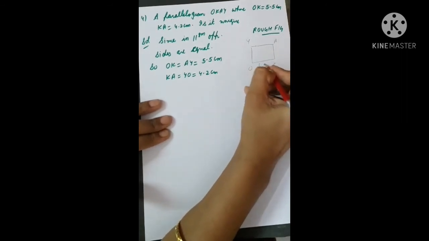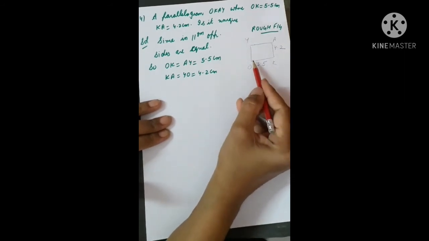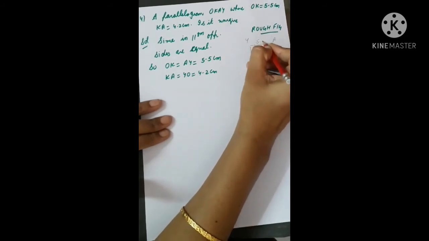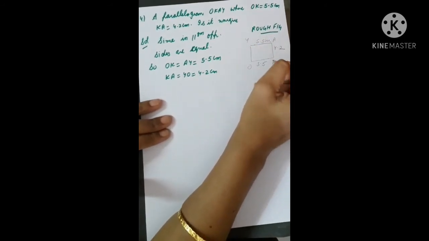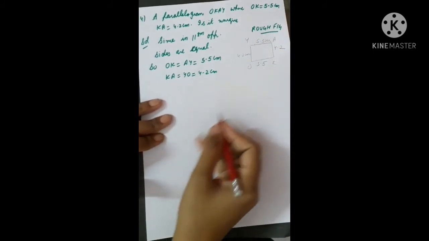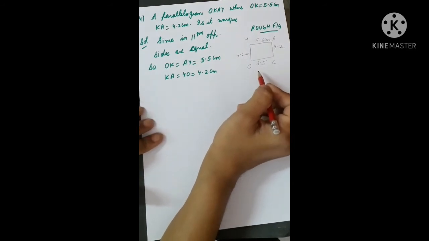OK is 5.5 centimeter and KA is 4.2 centimeter. Opposite sides are equal means OK equals AY equals 5.5 centimeter and AK equals YO equals 4.2 centimeter.